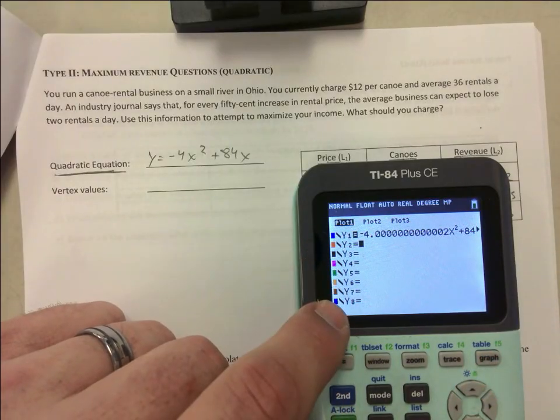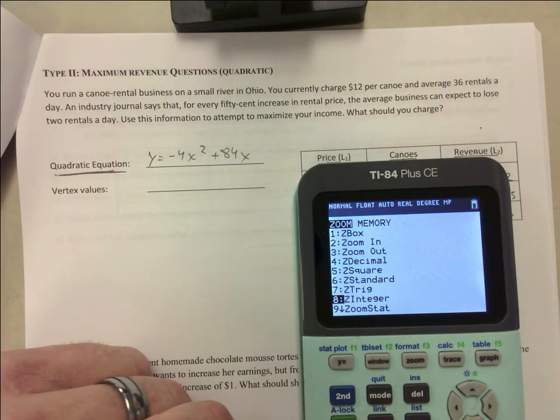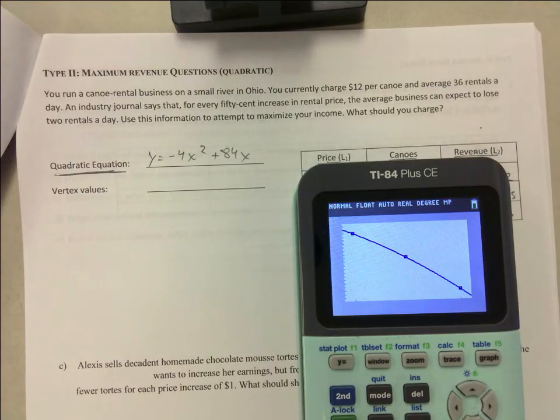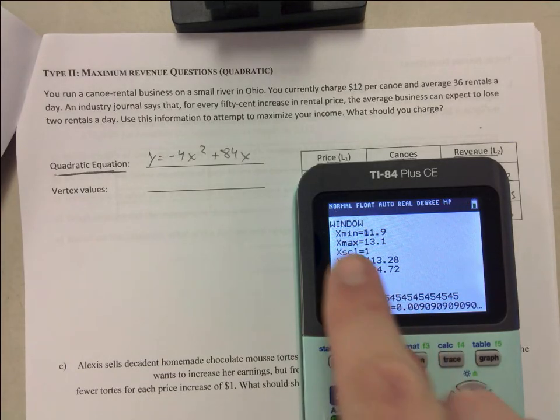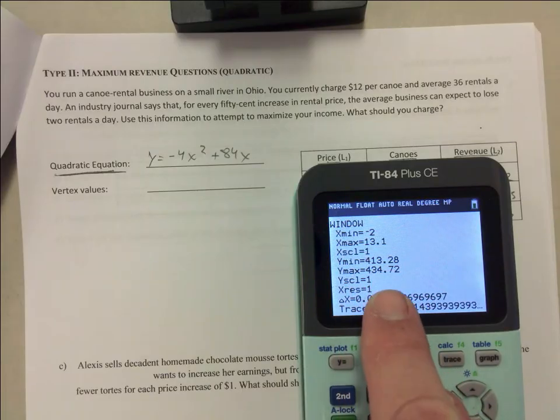If I turn plot 1 on and then do a zoom stat, it's probably not going to be the greatest. What do I always want you to do with your x min and y min? Always have negative values in there. So whatever zoom you do, I will go to window, I'll change my x min to like -2 or something, and y min to -5. Why?